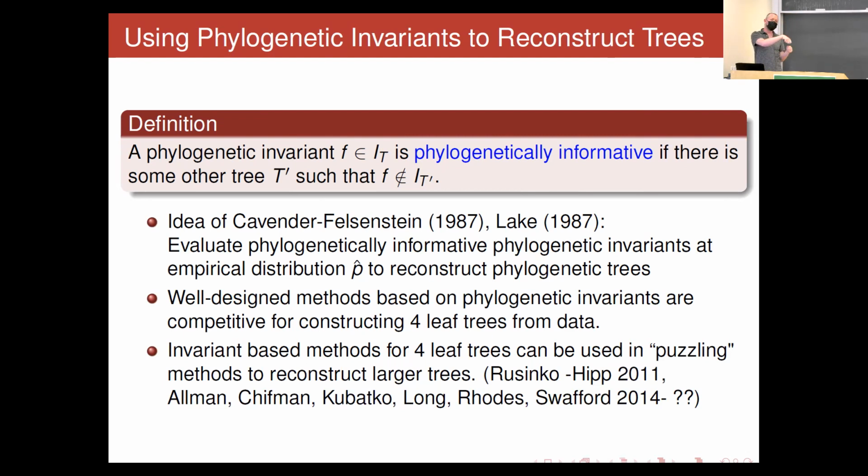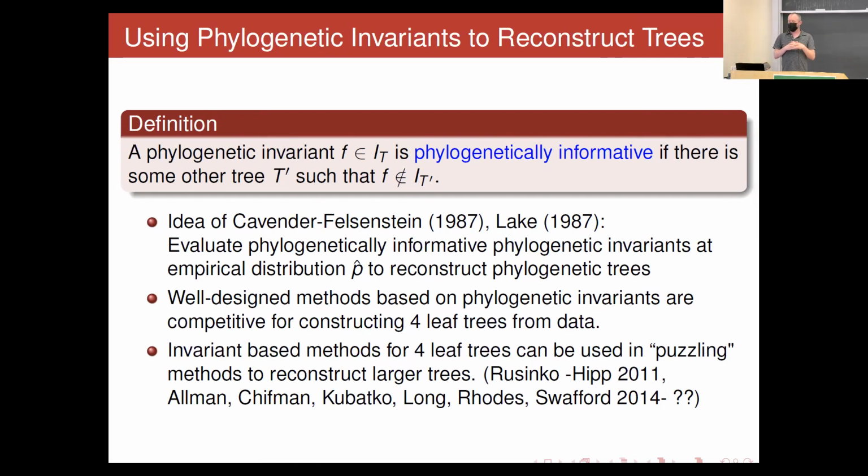You just plug those into the phylogenetic invariants. If the distribution exactly came from the model, it would evaluate to 0, but since you just have an estimate of the distribution, it should evaluate to something close to 0 if it came from a tree and something far from 0 if it didn't come from the tree.